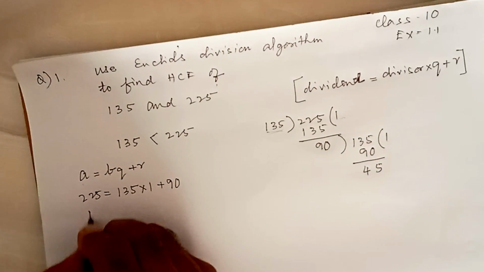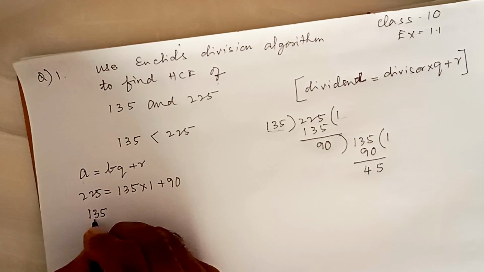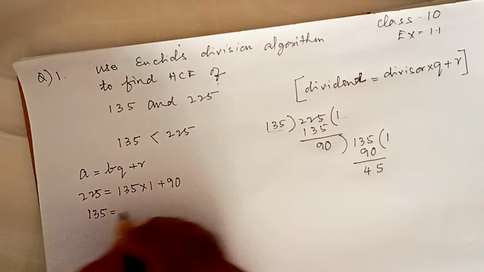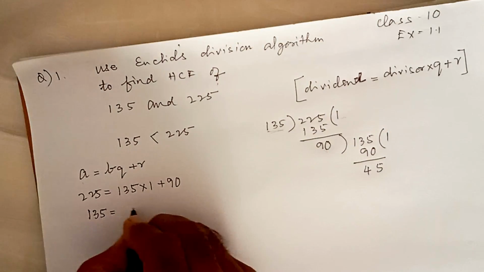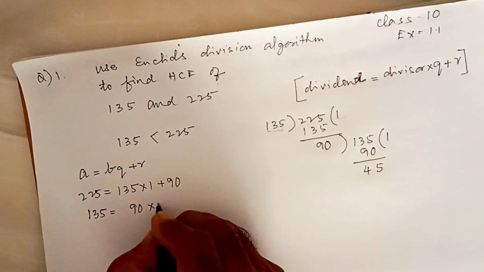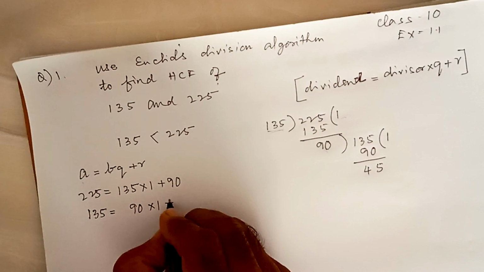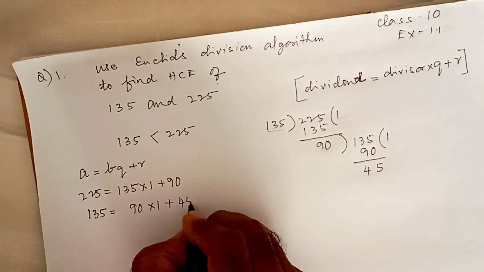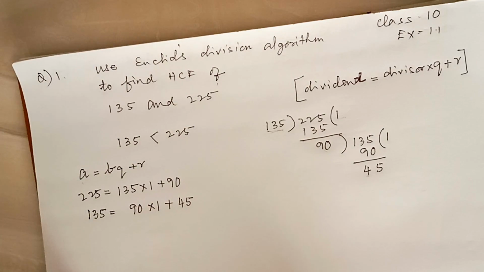Here 135 is the dividend, which is equal to the divisor 90 into quotient. Quotient is 1. Add that to the remainder, which is 45. We still have not got 0, so we are yet to get the HCF, which is our answer.